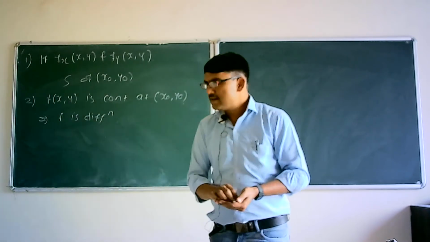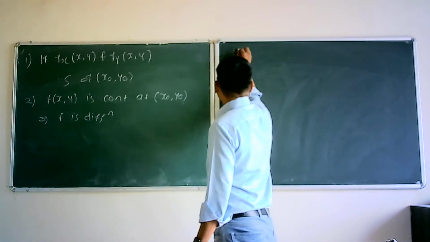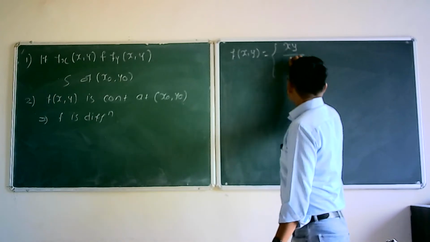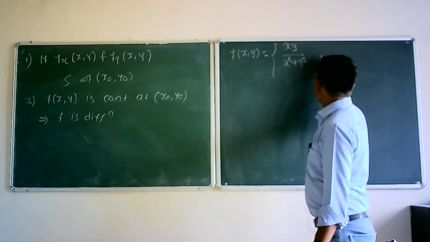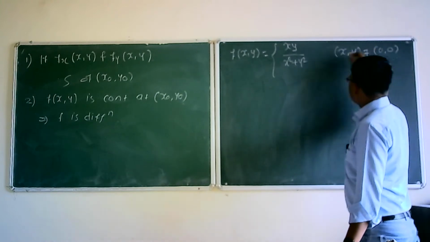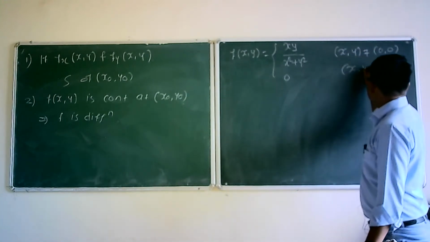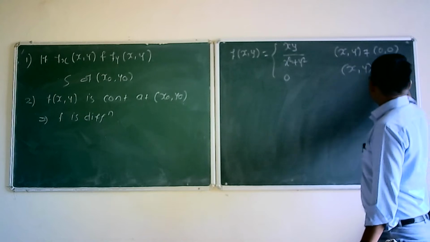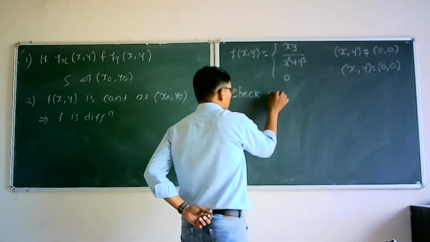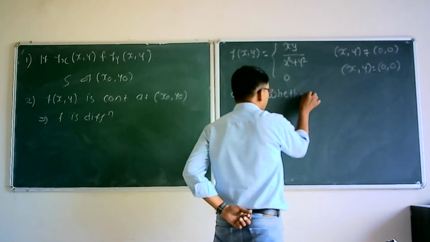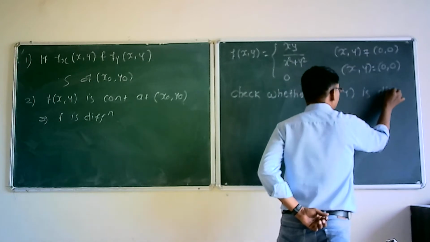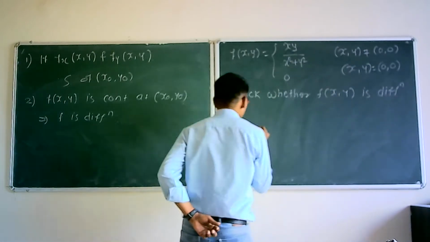For example, if f of xy is equal to xy divided by x square plus y square, if xy is not equal to 0, 0 and equal to 0, if xy equal to 0, 0, check whether f of xy is differentiable at 0, 0.